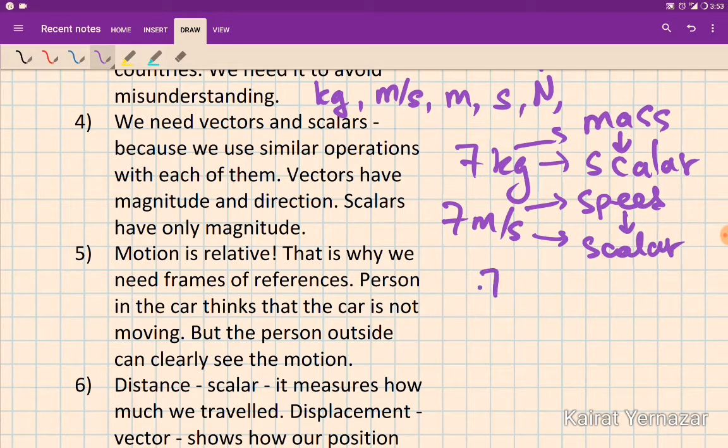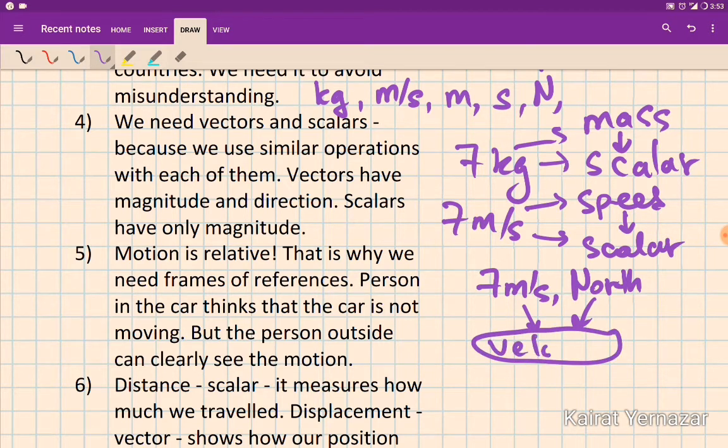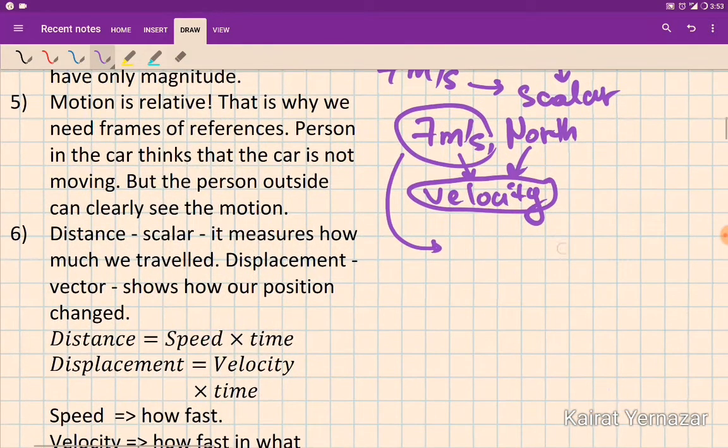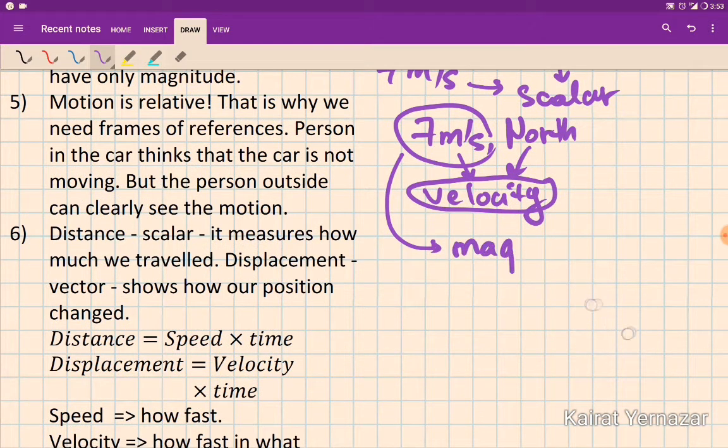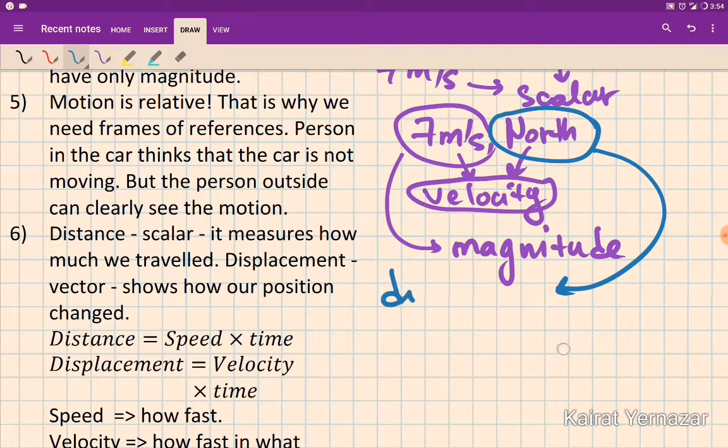However, if we say 7 meters per second to the north, then it will become what? These two combined will make velocity. Velocity has magnitude and direction.